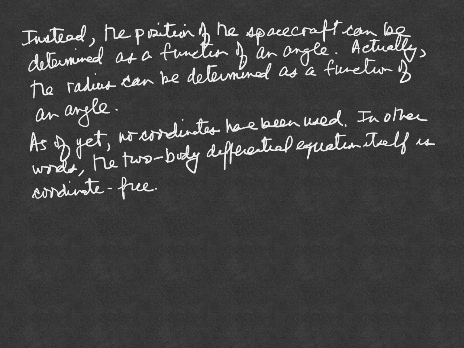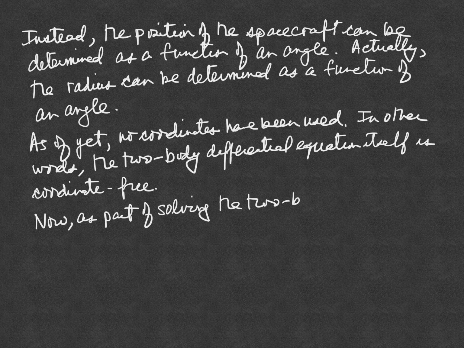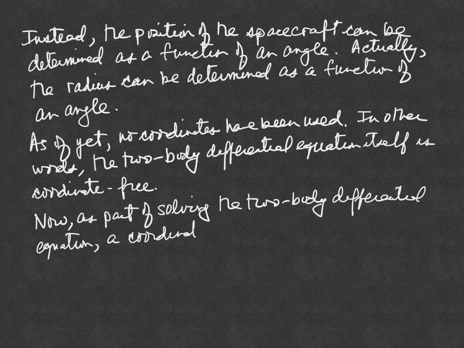So in the process of solving this problem, we're going to develop a coordinate system. So as part of solving the two-body differential equation, a coordinate system will be developed.